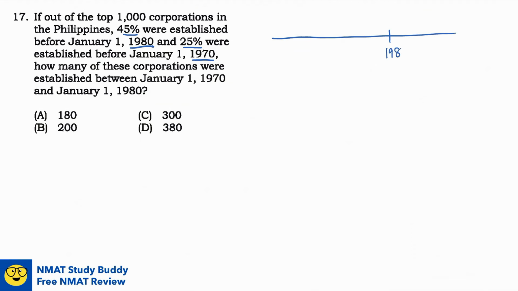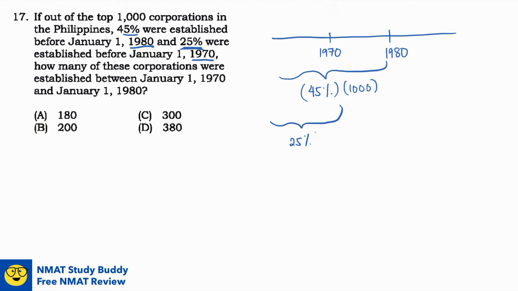Sabi, before 1980 daw, 45% nung 1,000 corporations, top 1,000 corporations yung na-establish. And then, before 1970, nandito, yung 25% naman, yung na-establish na corporations out of 1,000 corporations in the Philippines.